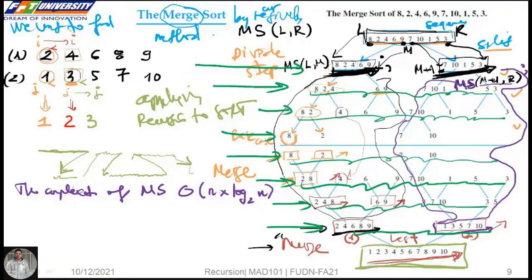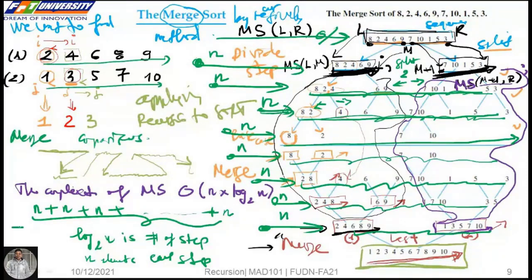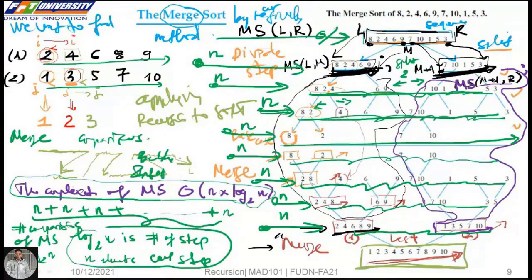Because the number of elements we can count here, and here, we have n plus n plus n. The number of steps here is log of n, and the number of comparisons is n log n. Bubble sort and insertion sort are O(n squared).